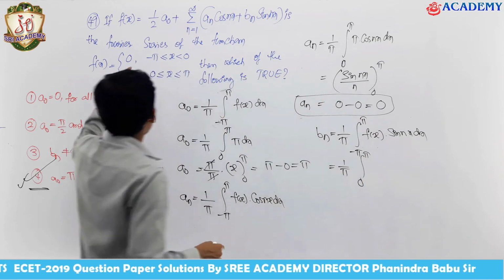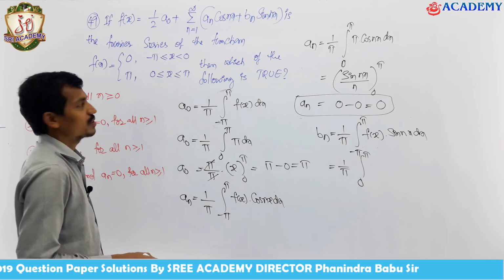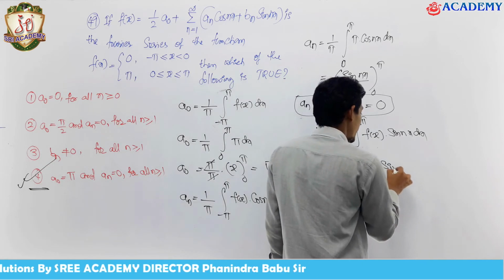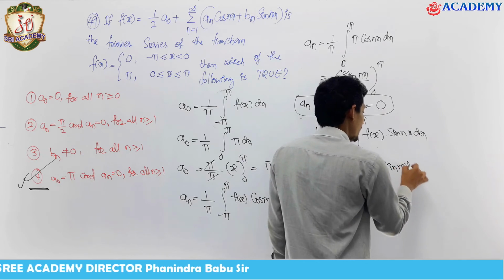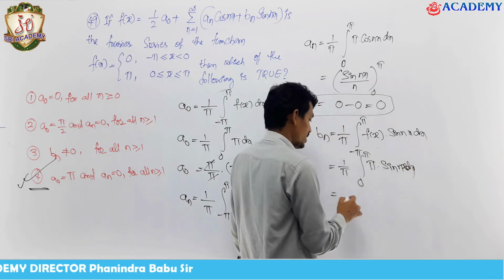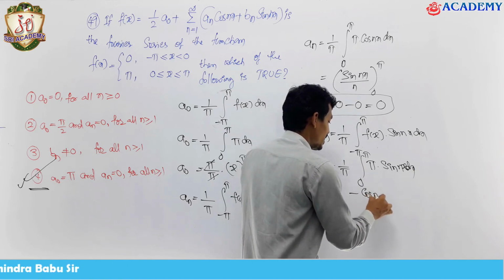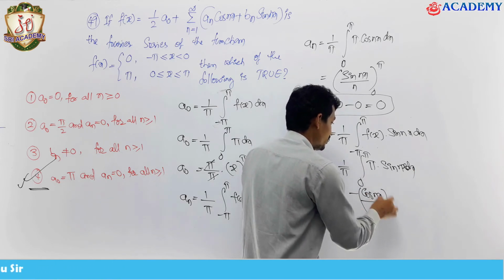Because minus pi to 0 is going to be 0, 0 to pi is going to be pi into sin nx dx, pi is going to be cancelled, the integration of sin nx is minus cos nx divided by n from 0 to pi.